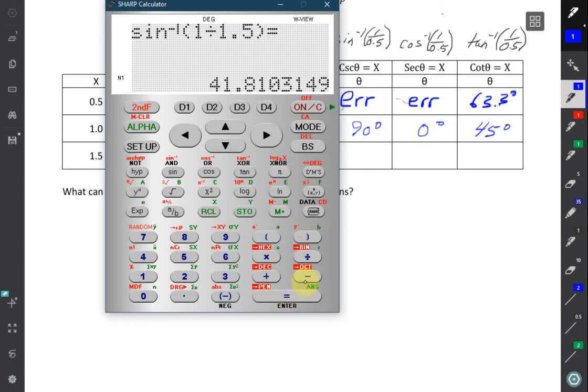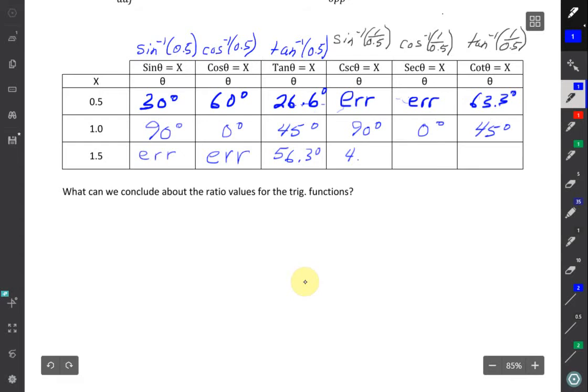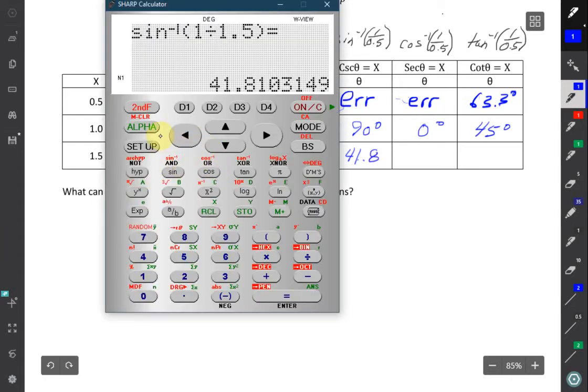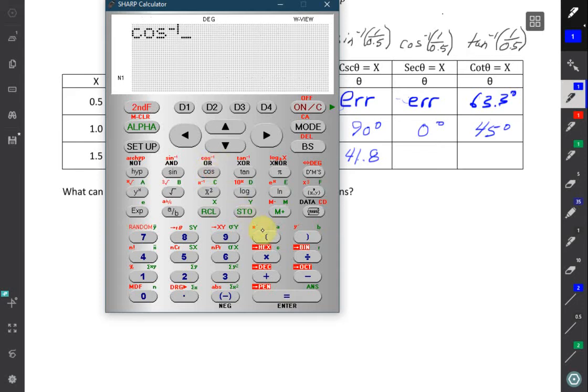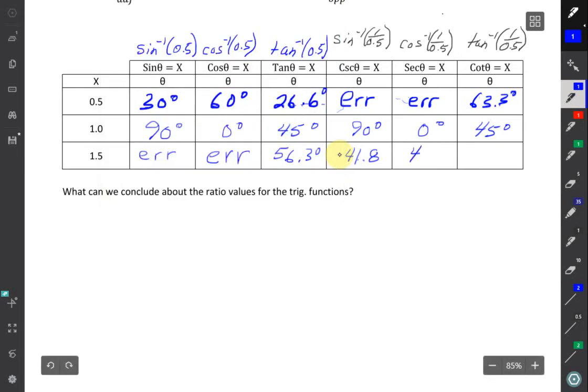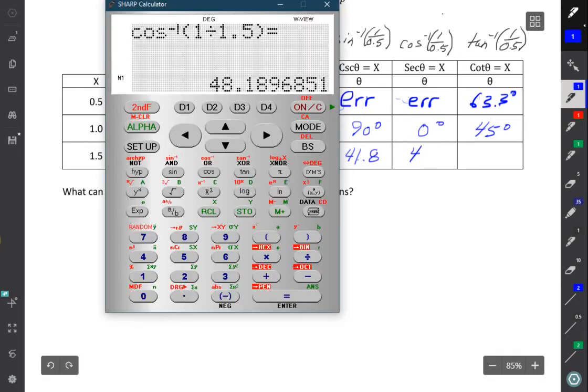So here we don't get an error because 1.5 is in the denominator and it's the largest number. Then the inverse cos of 1 divided by 1.5, that equals 48.1.